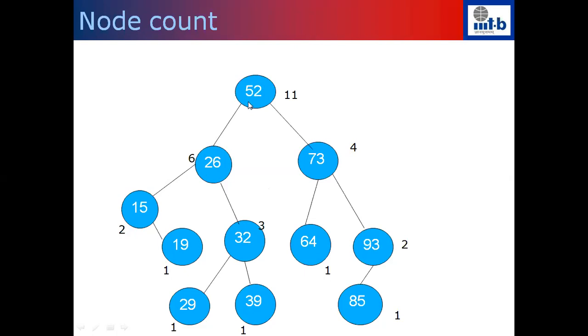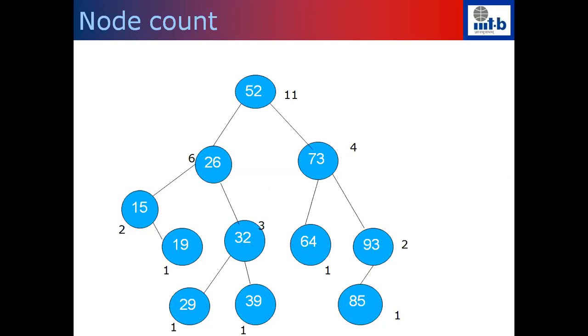When you want to insert 40, this becomes 11. I come here, this node becomes 7. When I come here, it becomes 4. When I come here, it becomes 2, and I insert here and add 1 more. In other words, when you are searching to add a number which is not there in the collection, add 1 along the path till you reach the node, and when you create the node, add 1 to this.